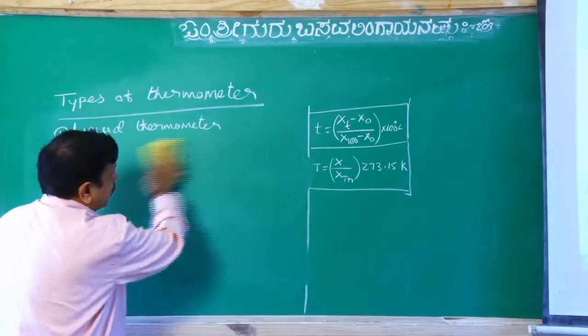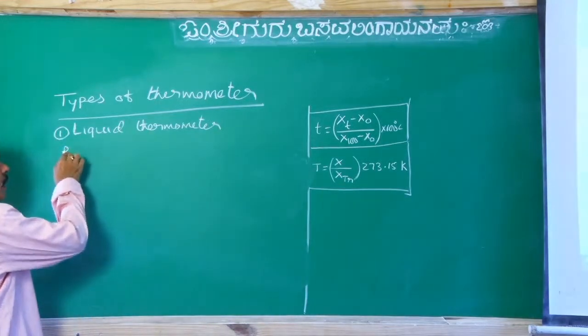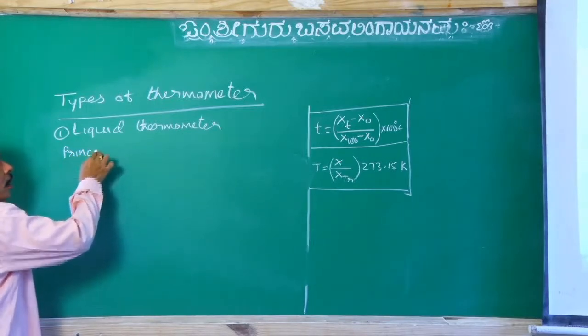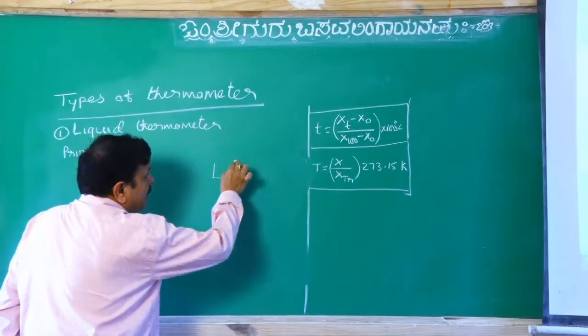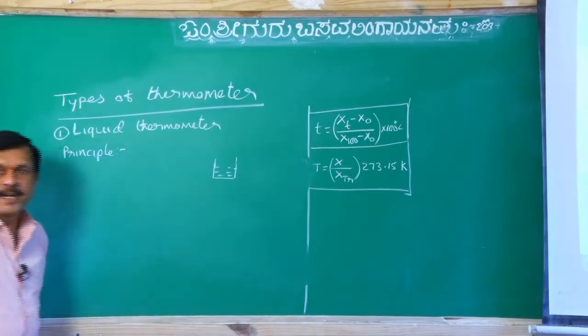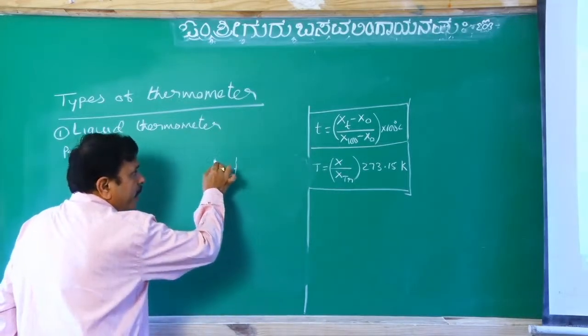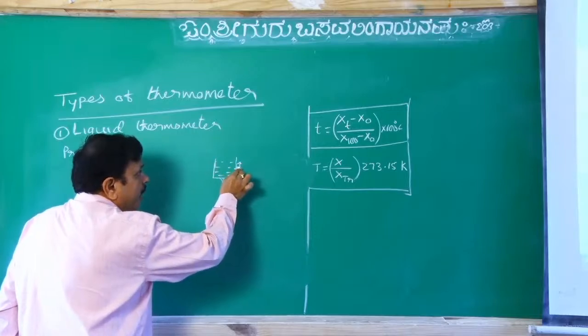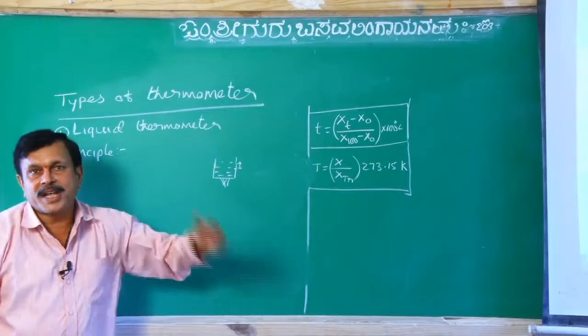Here the principle involved is this: if we take a certain liquid in a container and heat that container, what happens? The level of the liquid rises, or its volume increases.